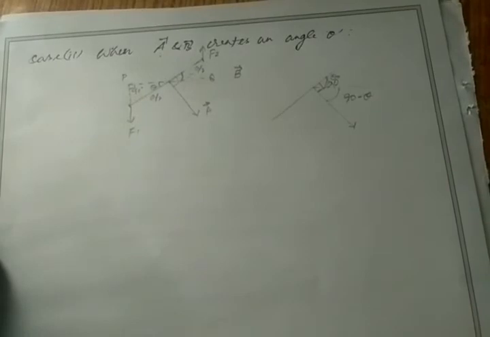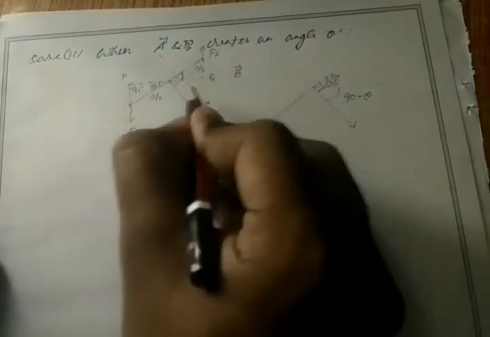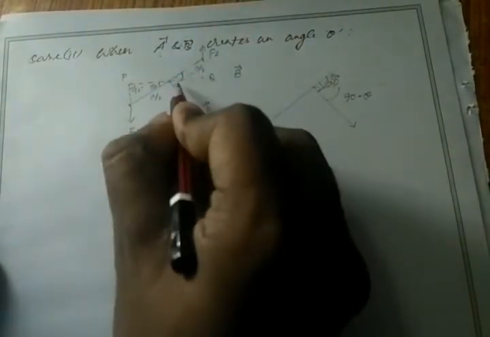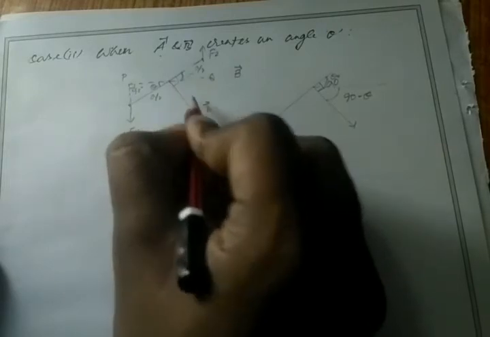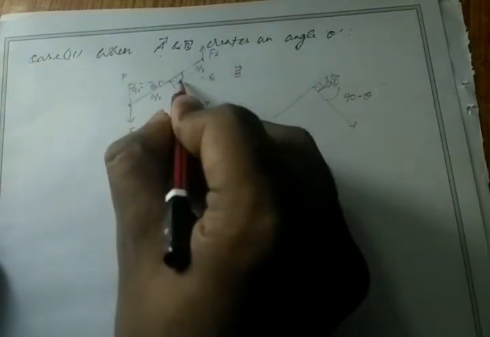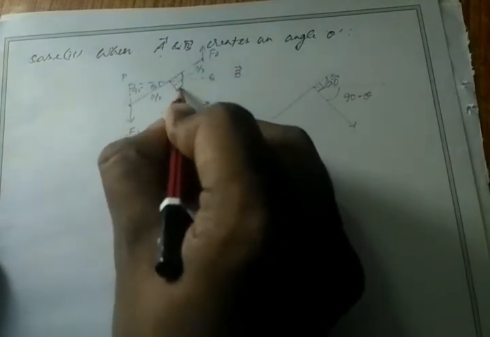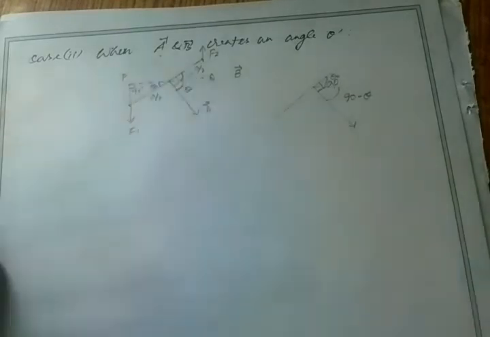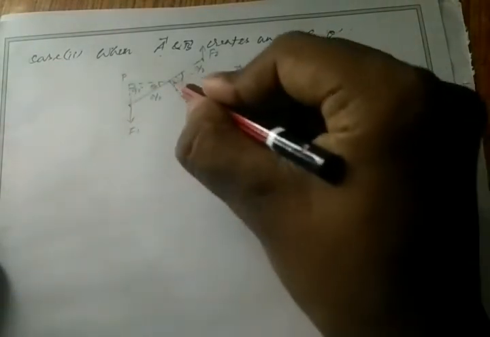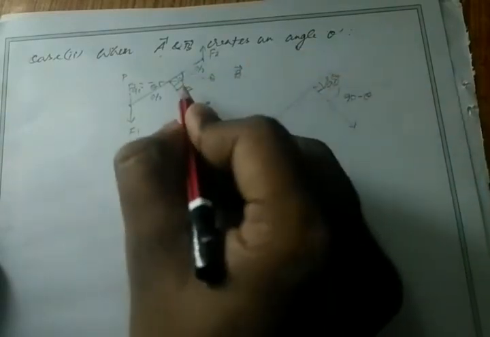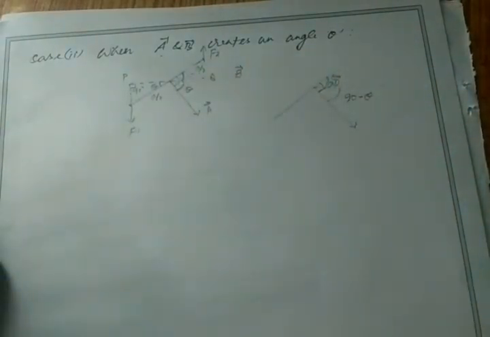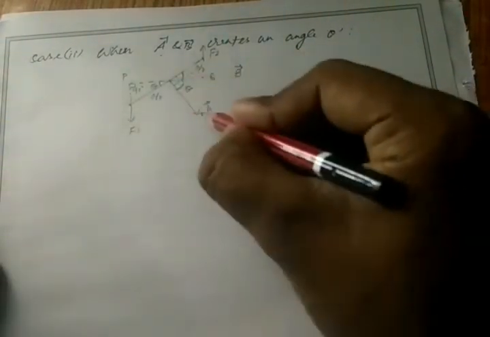Sorry, I made one small mistake. Here the area creates an angle of theta. Okay, the area creates an angle of theta with this horizontal line. So this is our theta. So this area vector creates an angle theta with the magnetic field. Our horizontal line is the magnetic field and this is our area.